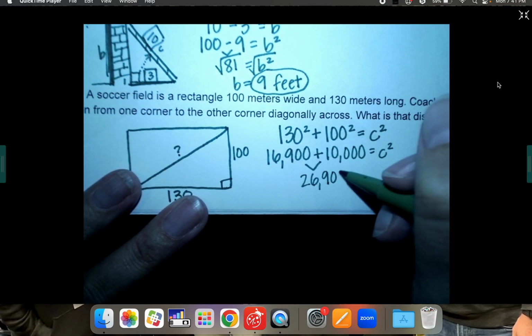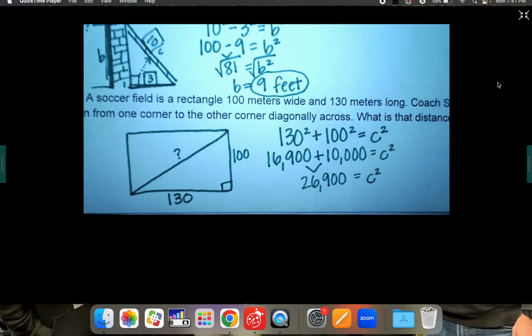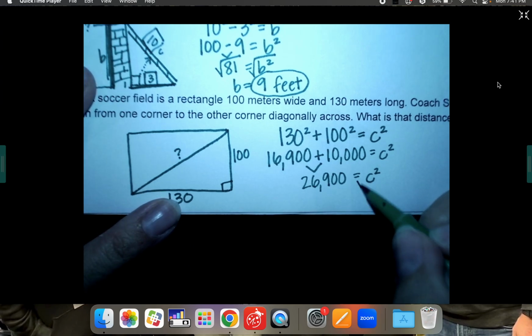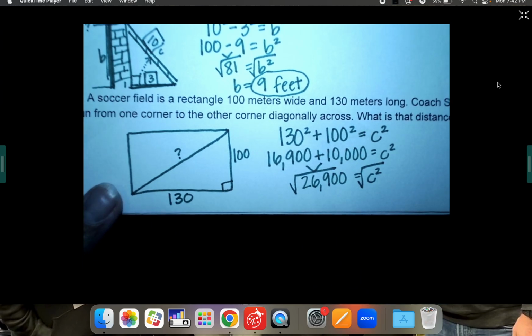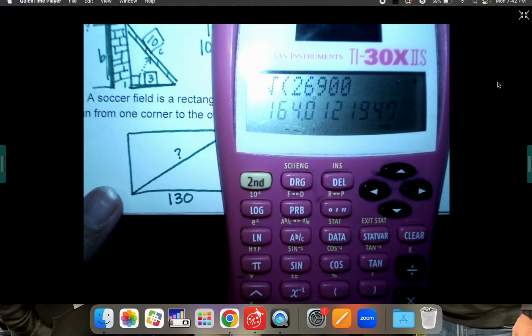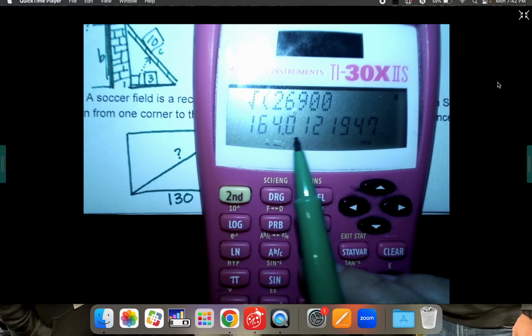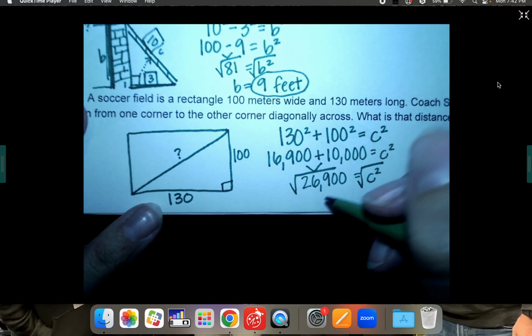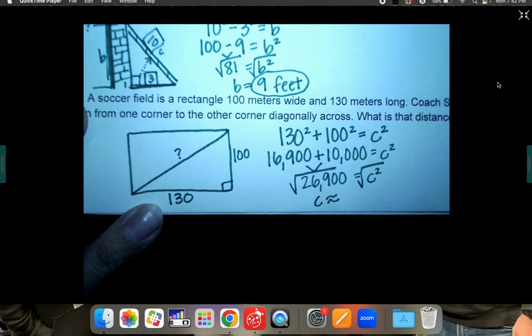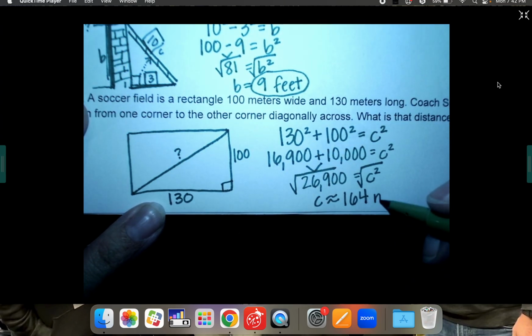And that, of course, is what c squared equals. So we need to square root it to find just the diagonal distance. The square root of 26,900 is about 164. So Coach Smith asked his players to run about 164 meters.